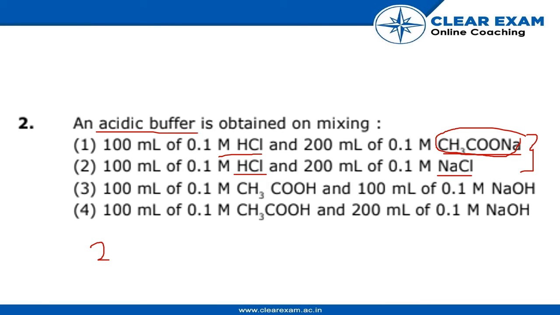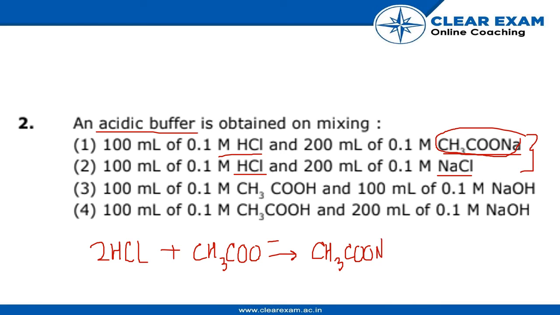If we have 2 HCl and we have a reaction with CH3COO minus, it is going to give us CH3COONa, and the acidic buffer that will be formed is this. Therefore, our answer is the first.